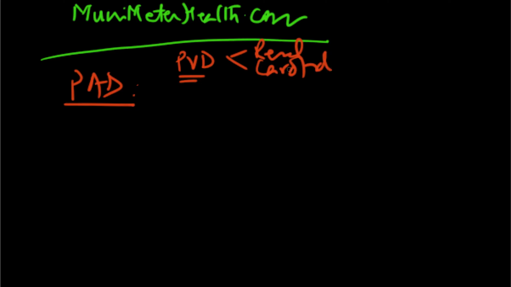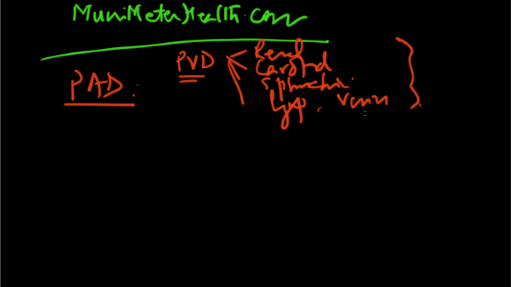These are all peripheral vascular beds, if you will. Splanchnic systems, the GI, etc., are involved, and then the lymphatics, and that also includes the veins, the venous, which are the capacitance vessels.